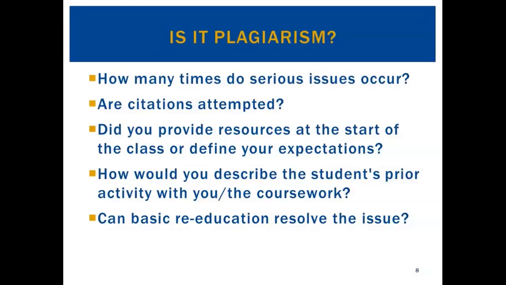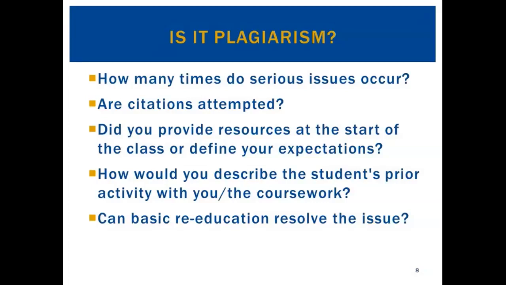How would you describe the students' prior activity with you in the coursework? Has everything been going along fine, but they might be having some problems outside of class that you think there's some stress involved, and maybe they made a bad choice here? Or do you think just basic re-education can resolve the issue? Is it a lack of knowledge and the student really wants to do well, and if it was explained to them, they could pull this off?